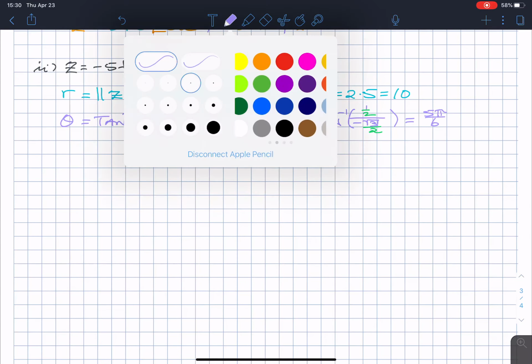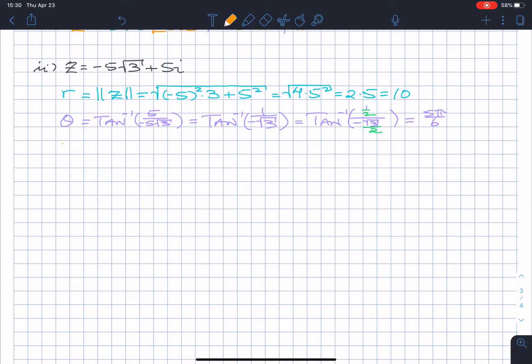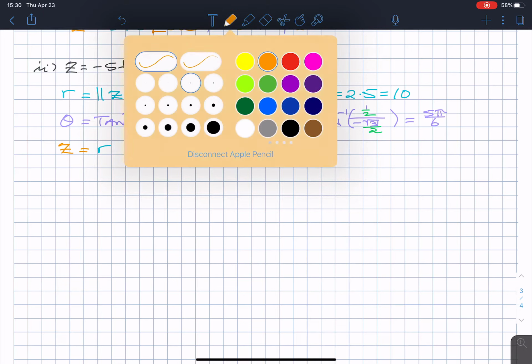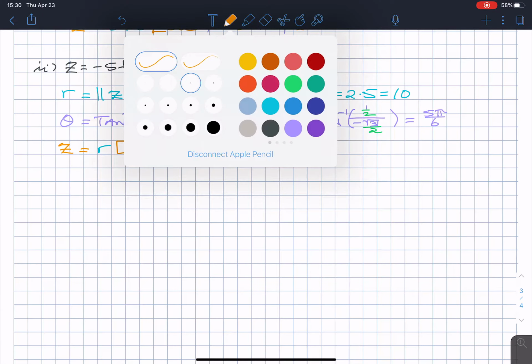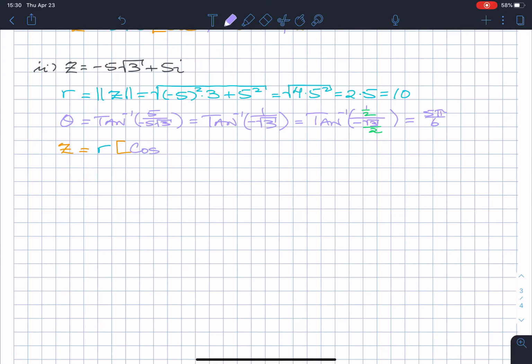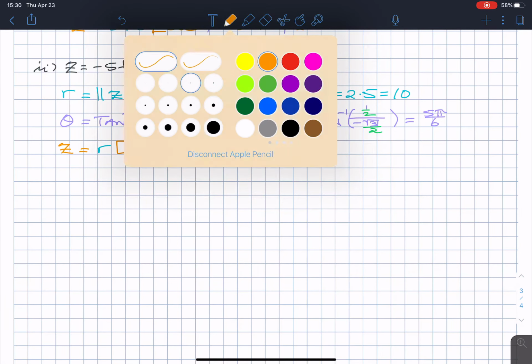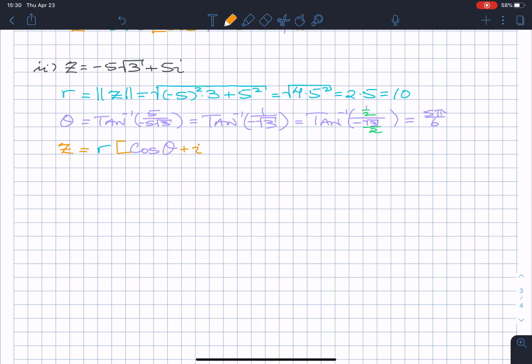Okay, so my complex number z is going to be the modulus r times cosine of the argument theta plus i sine of the argument theta. Okay, so we found the modulus to be 10.